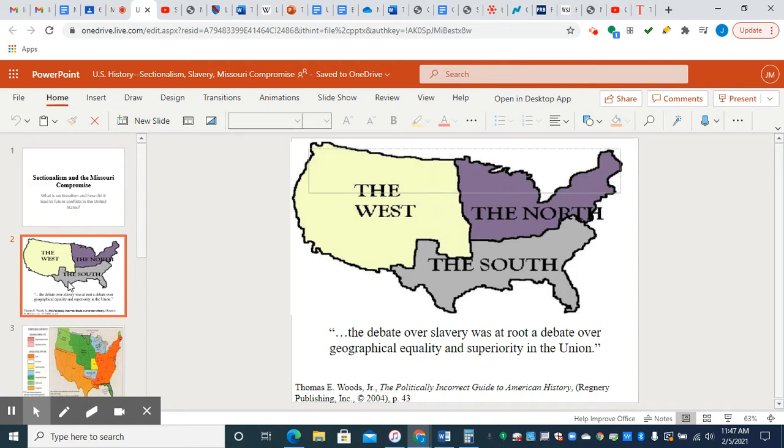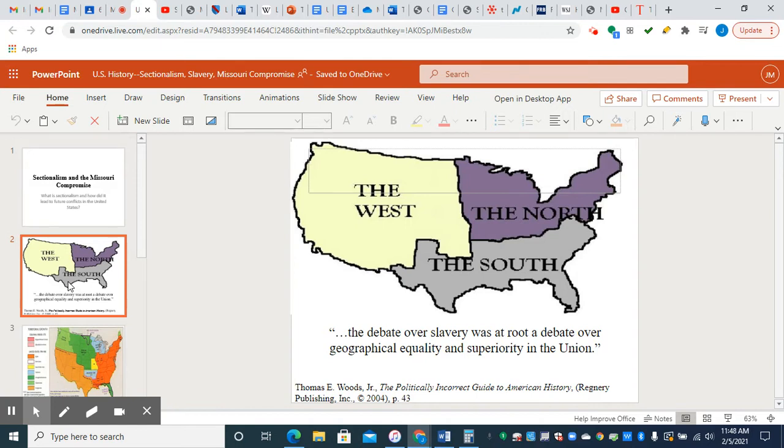But why did they split over the issue of slavery? The North wasn't necessarily interested in fighting a war to free slaves, but they were interested in fighting a war that required exiting states to remain part of the United States.